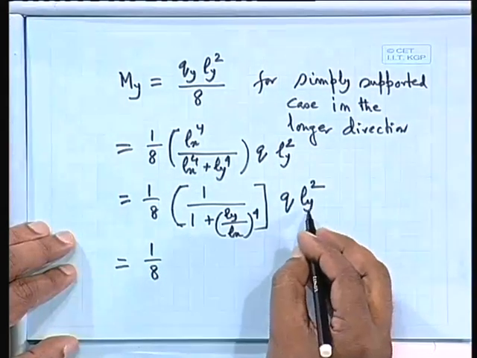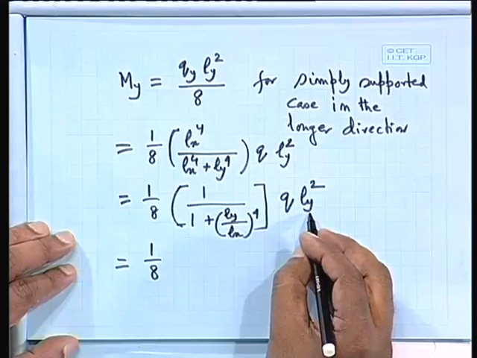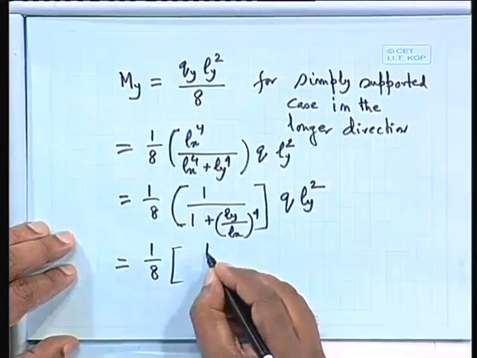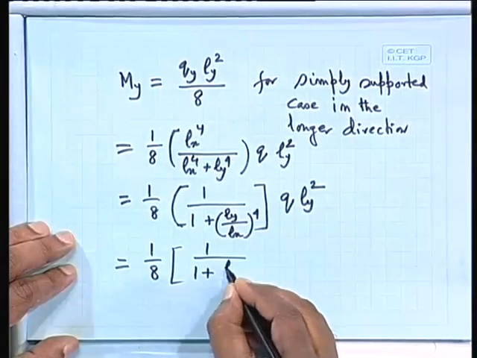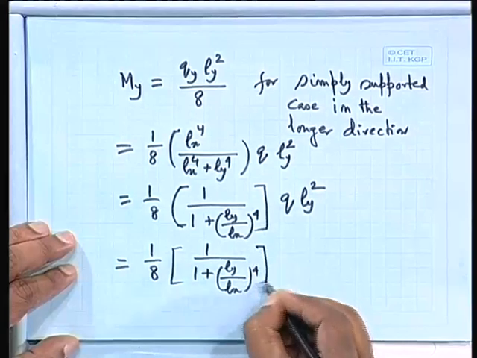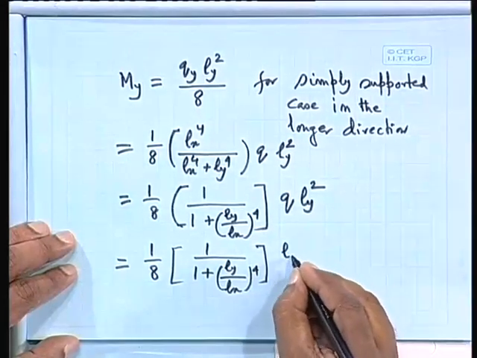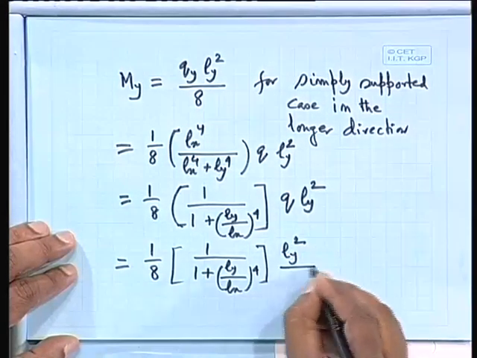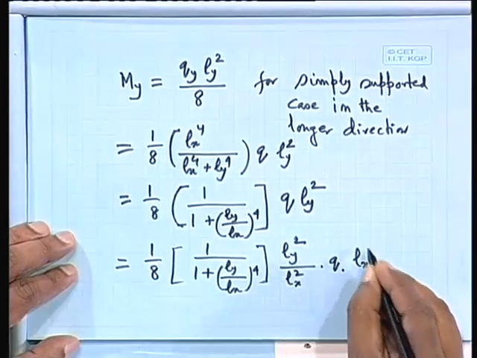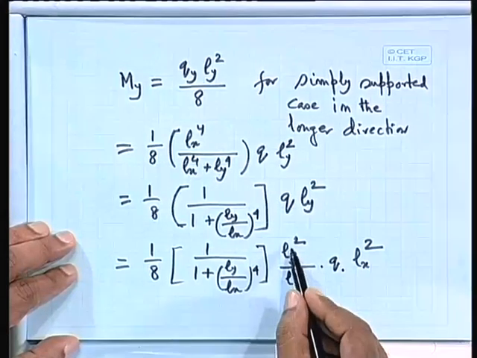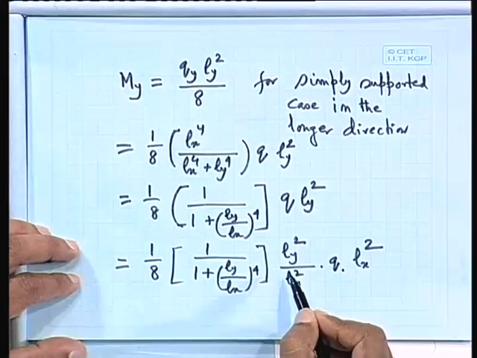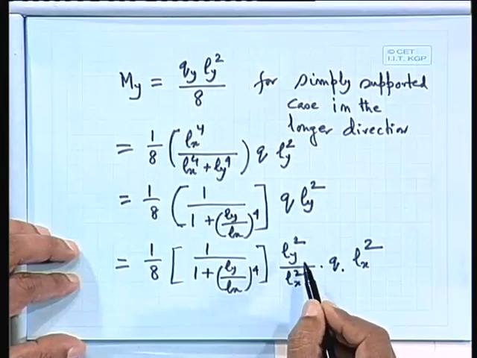What I shall do here, let us divide it by Lx square and times Lx square. So 1 by 1 plus Ly by Lx to the power 4 times L square y by L square x times q times L square x. I shall write this one as Ly by Lx, because we always mention it as Ly by Lx.